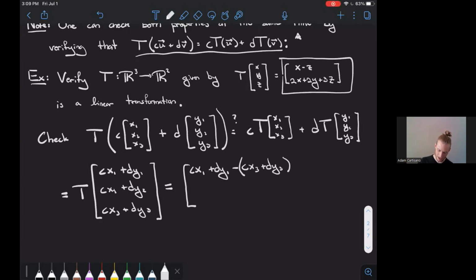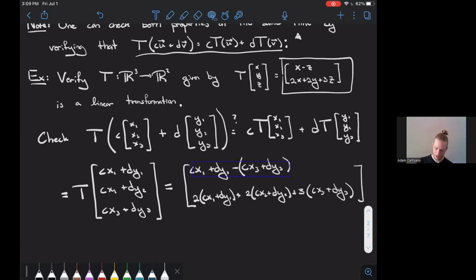And then the second entry of this output vector is 2 times (cx1 plus dy1) plus 2 times (cx2 plus dy2) plus 3 times (cx3 plus dy3).